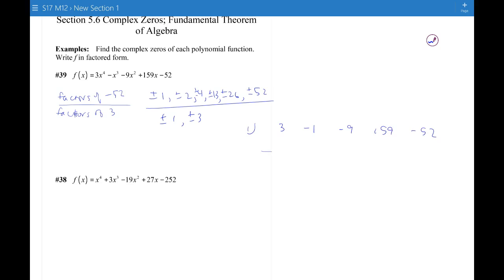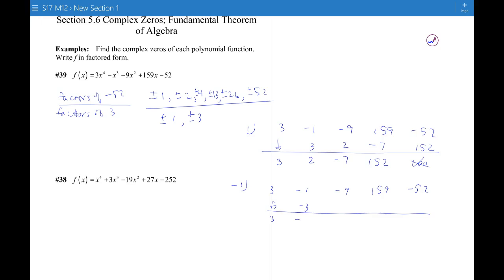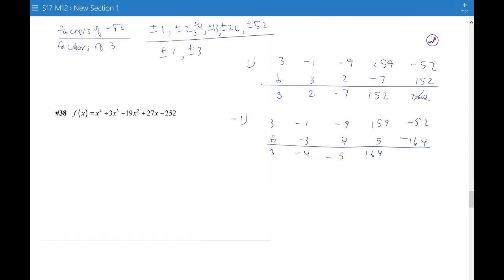So I usually do it systematically, and I'll try 1. So that didn't work. I have a remainder. So let me try negative 1. That didn't work either. So you just keep trying until you find one that works. So let's try 2.